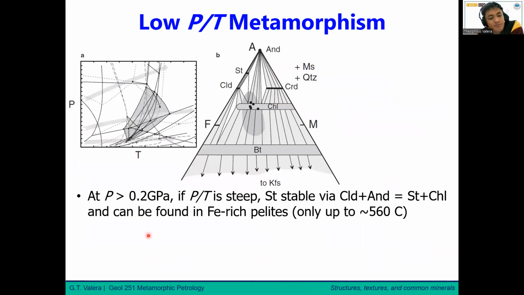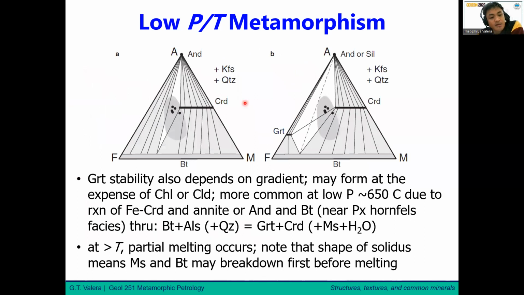So, at pressure greater than 0.2 GPa, if pressure over temperature slope is steep, staurolite is stable via the chloritoid plus andalusite equals staurolite plus chlorite reaction and can be found in iron-rich pelites only up to 560. Then, garnet stability also depends on the gradient.